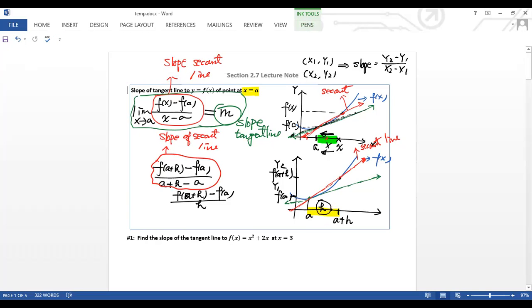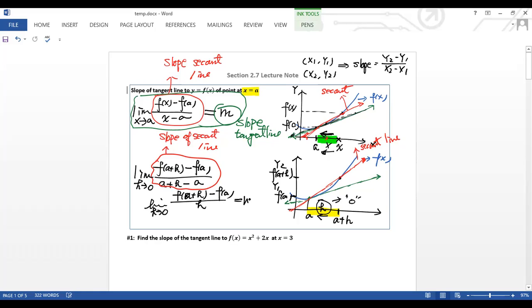My h becomes smaller and smaller. That means these two points are going to get closer and closer. So h will approach zero, right? So now I can take a limit here. I can say limit as h approaches 0. That means when h gets smaller and smaller, this second line becomes closer and closer to the tangent line here.